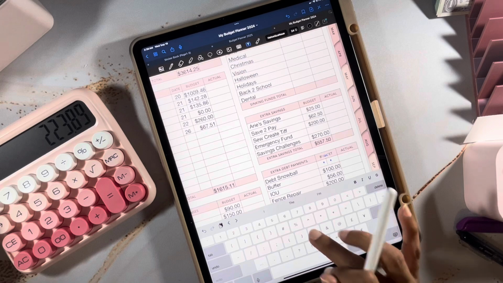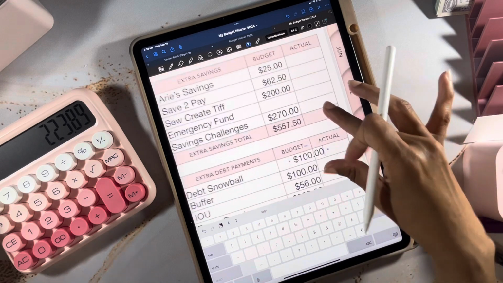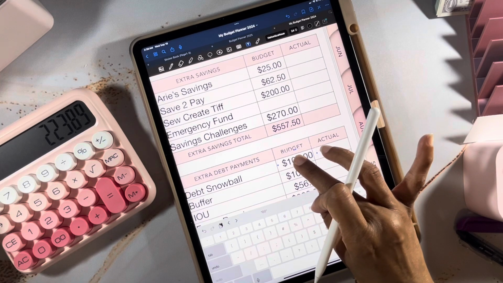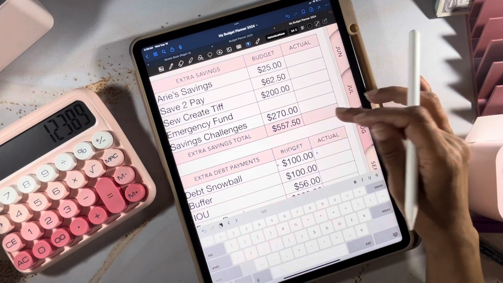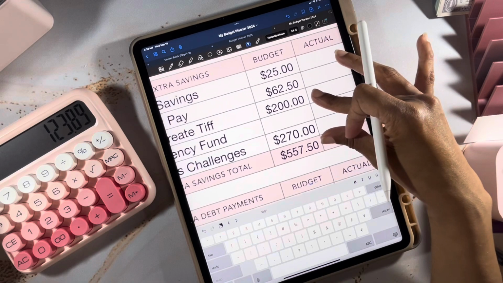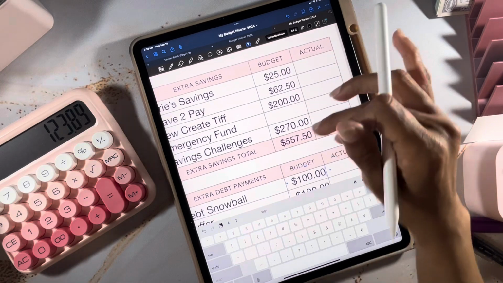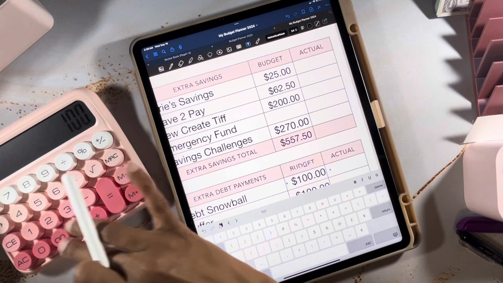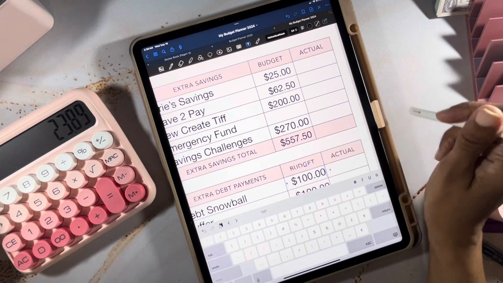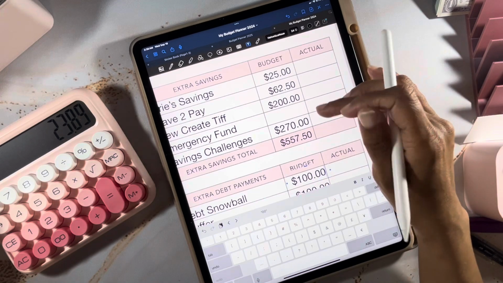Okay, so we're going to do another 100 to debt. Okay, so that's minus 100. And then let's do $100 minus 100. You know what? Okay, I'm going to do $100 there.